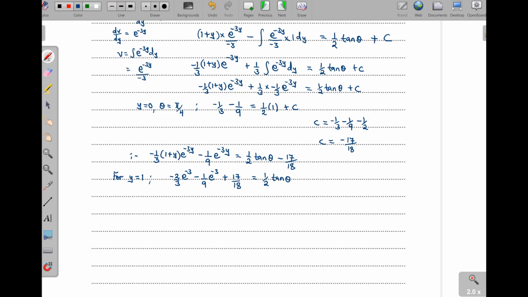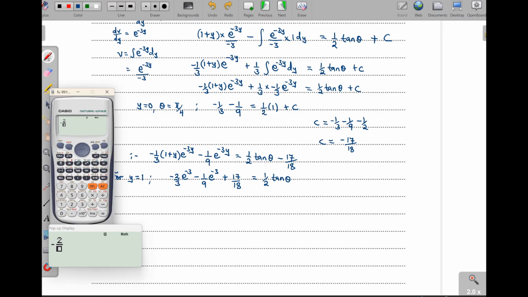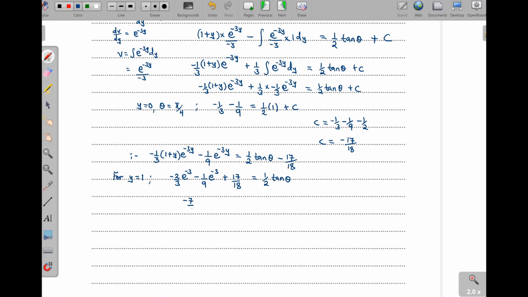So meaning, of course, we can simplify this because this one is common, okay? So we have negative 2 over 3, then minus 1 over 9. What do we get? Minus 2 out of 3, then minus 1 out of 9. So we get negative 7 over 9. Negative 7 out of 9 of e to the power of negative 3, then plus 17 out of 18.